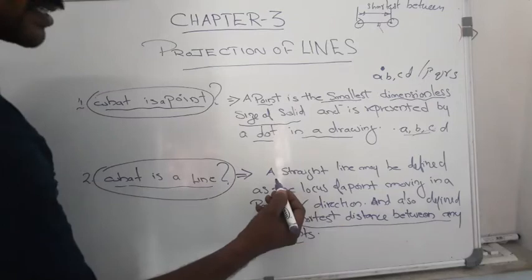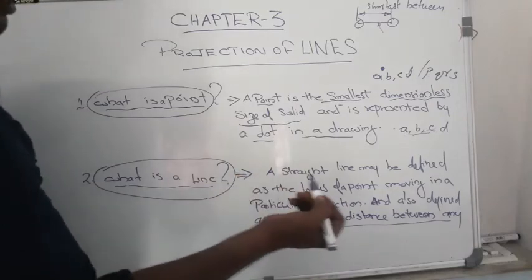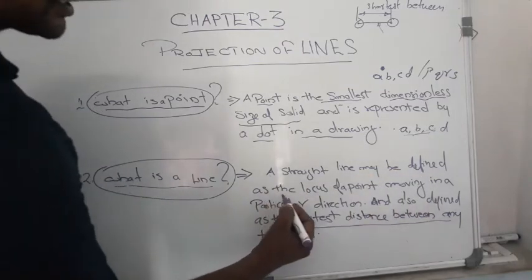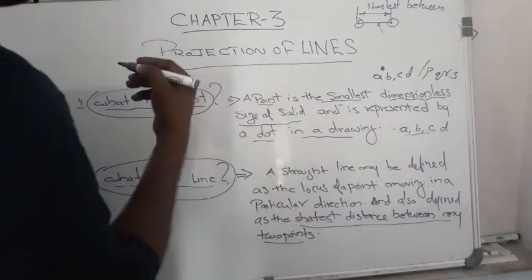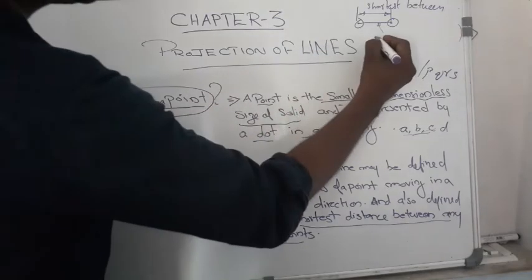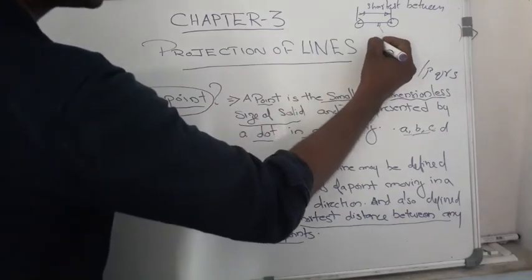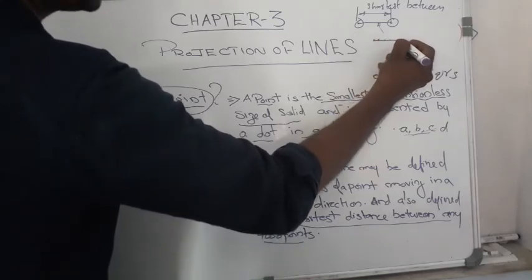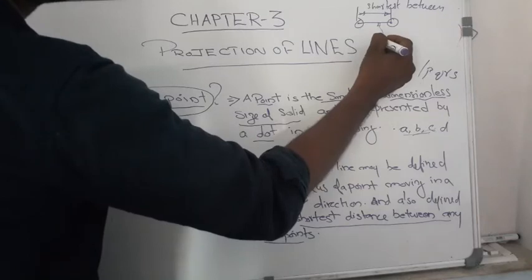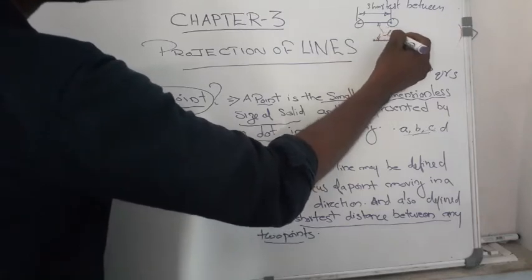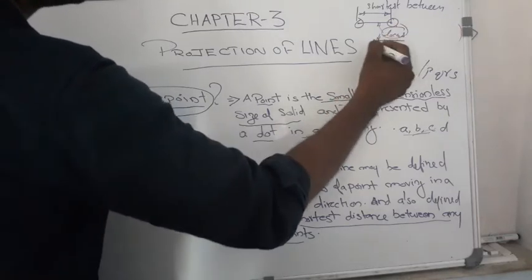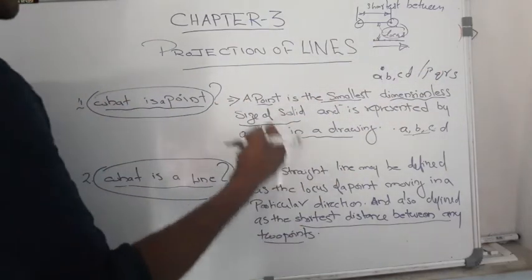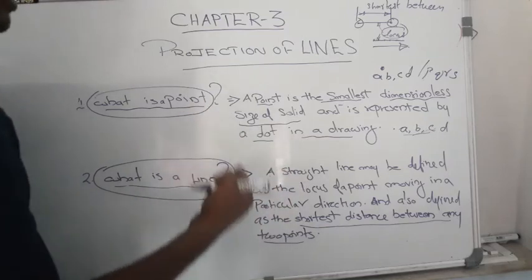And another definition of a line: a straight line may be defined as the locus of a point moving in a particular direction. That means when we put so many points here and connect them by a line, these are the locus of points moving in a particular direction. So we have two definitions.